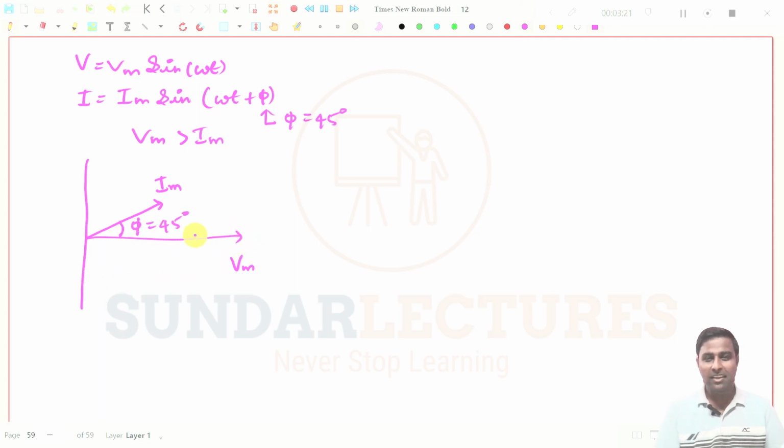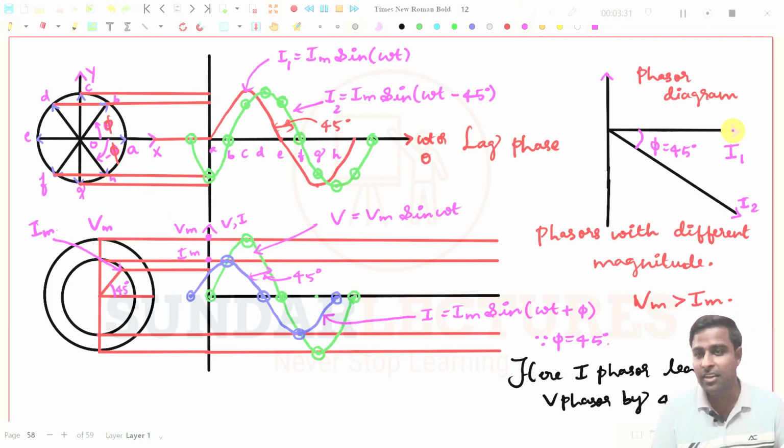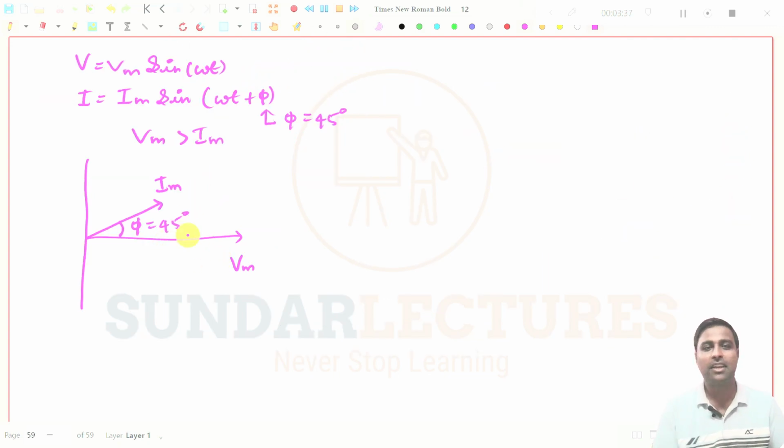See, the maximum value phasor Im is greater than Vm. Sorry, Vm is greater than Im. And you see here, everywhere I have taken the same magnitudes because both magnitudes are same here. But here Im will be lesser than Vm, but it is leading by 45 degree. That's all. This is how you need to draw the phasor diagrams.